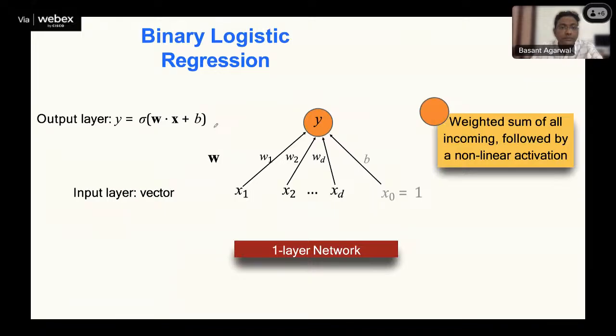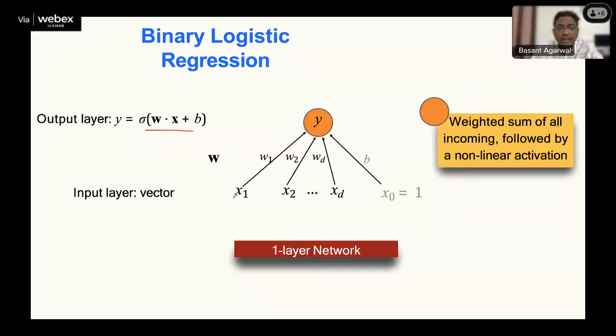If we represent this in an equation, we can write the output layer as y equal to sigma, if we take the activation function as a sigmoid function, of W dot x plus b. This is very important, how we convert the network into an equation, because we will heavily use it in understanding and representing recurrent neural networks.